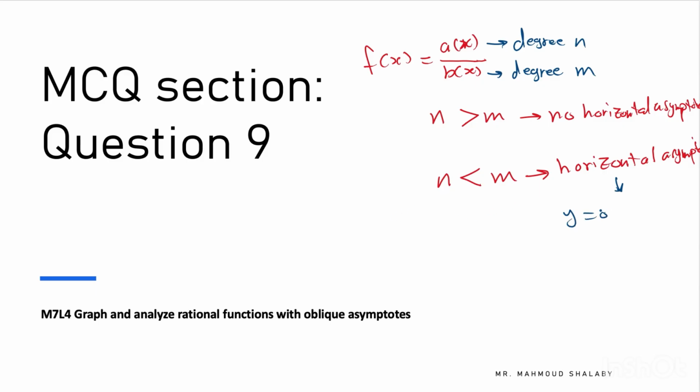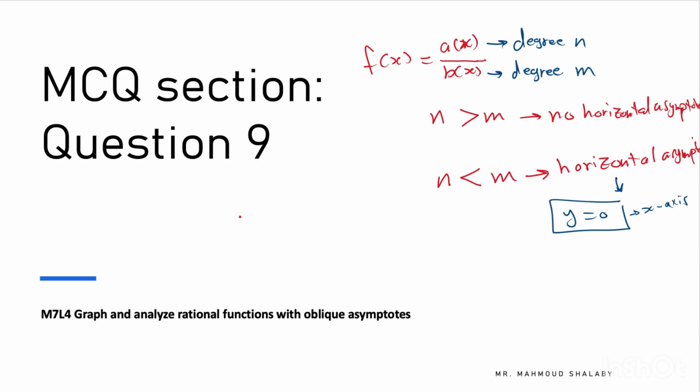It will always be y equals 0, or we can say it's the x-axis. Again, if n is greater than m, there is no horizontal asymptote. If n is smaller than m, it means the degree of the numerator is less than the degree of the denominator. It will be a horizontal asymptote, and it's known as y equals 0, which is the x-axis.